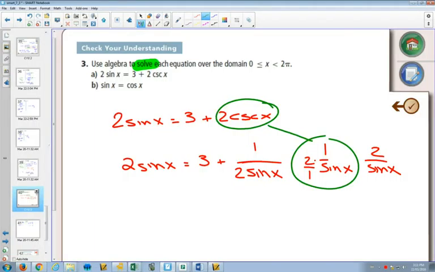Because this is 2 times cosecant, and cosecant's 1 over sine. So when I write this as 2 times 1 over sine, that should make sense that that's the right one. Now you notice that this 2 is 2 over 1. That's the same as 2 over sine x. This one is wrong.